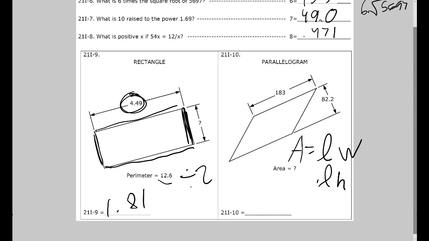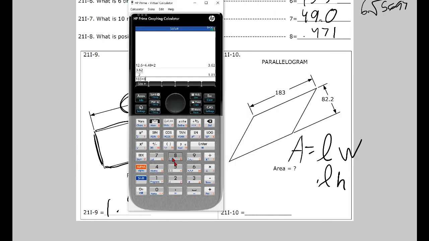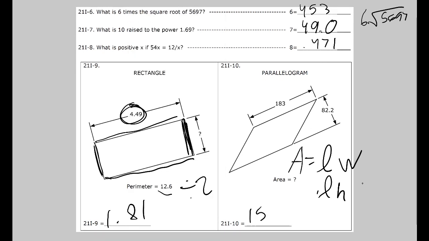It doesn't really matter. All you do is multiply these together and do 183 times 82.2. And then finally, our answer is 15,042, or rounding, it'd be 15,000. So that would be the answer to the final set of questions.